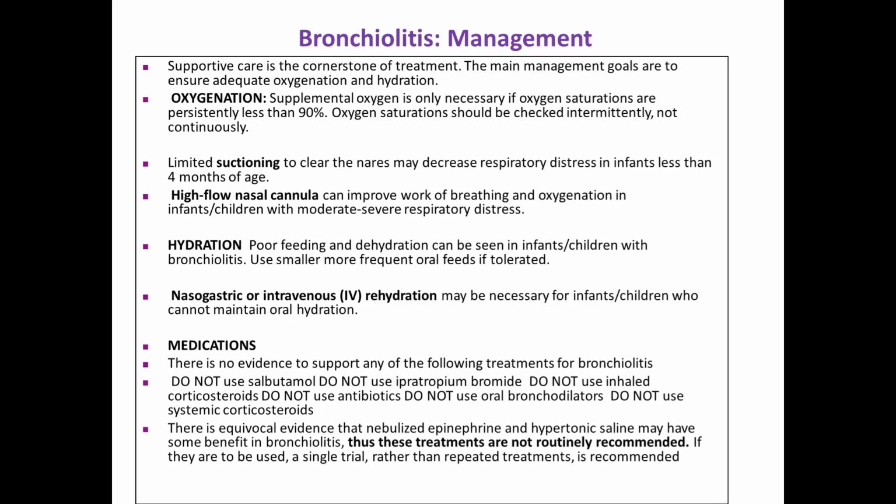Suctioning is very important, especially in young infants, because they're primarily nose breathers. So kids with bronchiolitis tend to have a lot of nasal secretions. And as you've noticed, once you clear those airways, their work of breathing will improve. High flow nasal cannula, as you know, has been revolutionary in managing bronchiolitis.